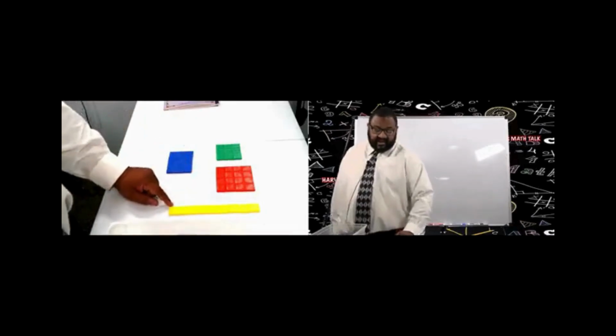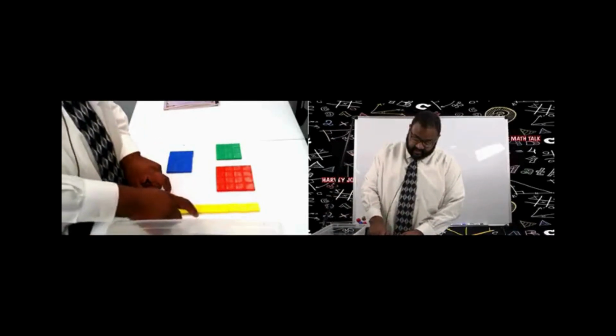Let me count it over. 1, 2, 3, 4, 5, 6, 7, 8, 9. Okay, still 9 on this side. 1, 2, 3, 4, 5, 6, 7, 8, 9 on this side. That's 18, 19, 20. So that means that our perimeter would be 20 and our area would be 9.